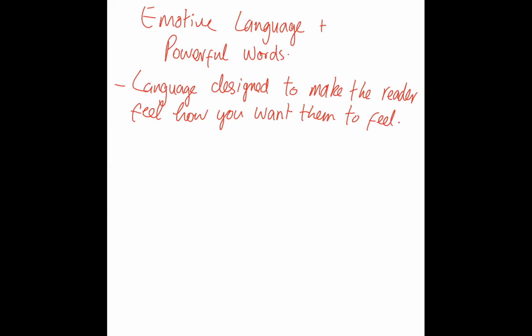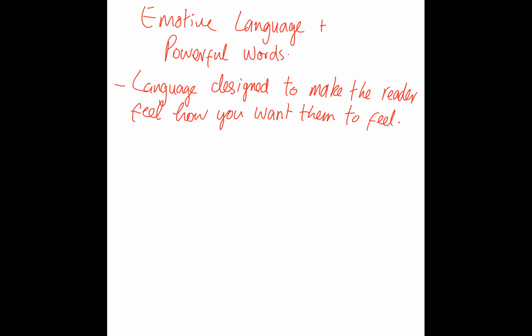So yes, as I was saying, we can make the audience agree with us logically by presenting smart facts, well thought out arguments, good evidence. And that can get people to agree with us on a logical level, but sometimes we need to make the audience feel a certain way.